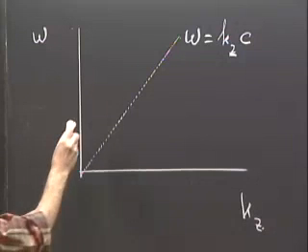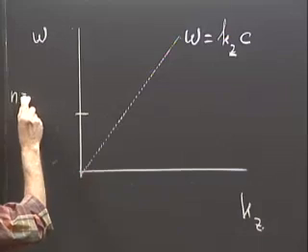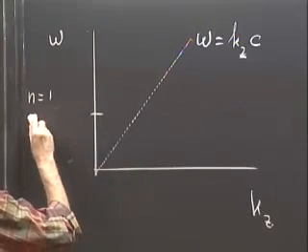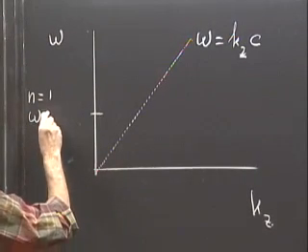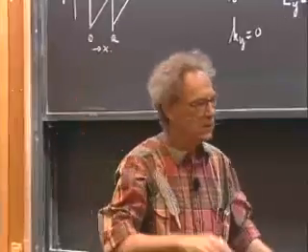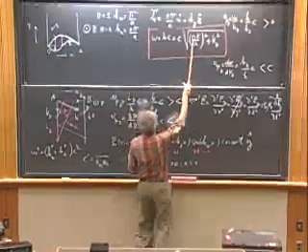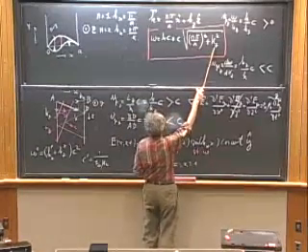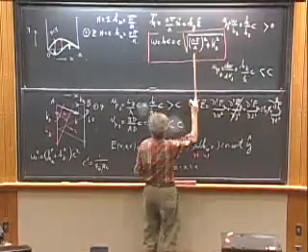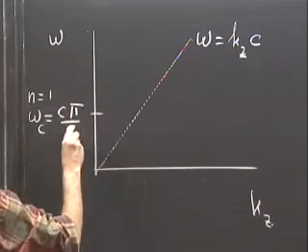What we have is that for n equals 1, there is a particular frequency, omega c, we call that the cutoff frequency, below which no radiation can go through the gap. And that cutoff frequency is when n equals 1 and when kz becomes 0, and so that is c times pi over a.